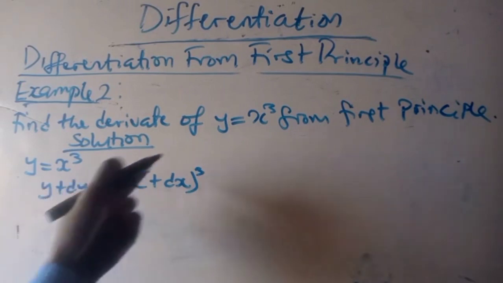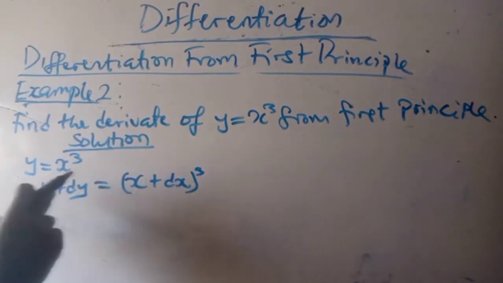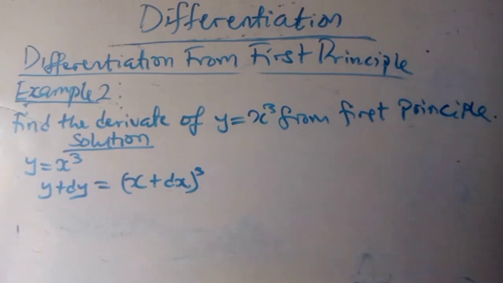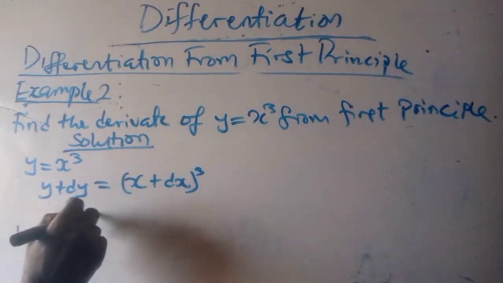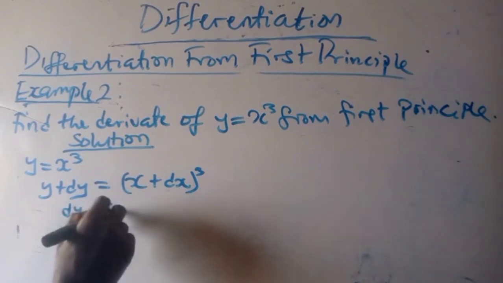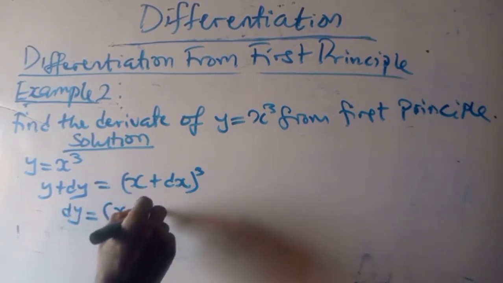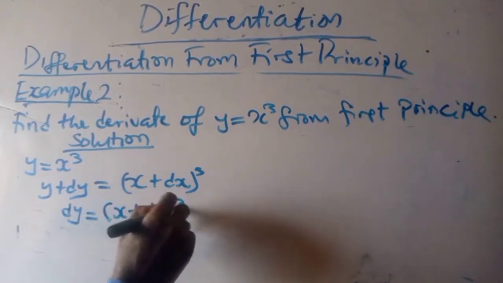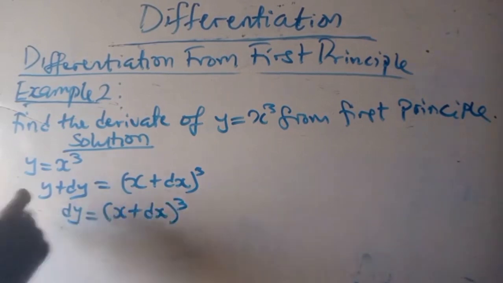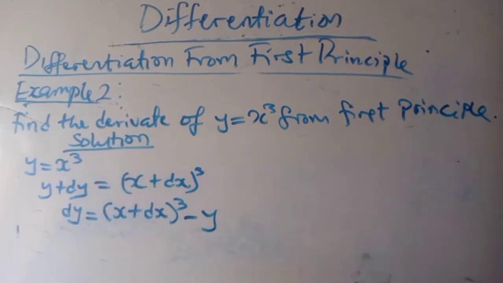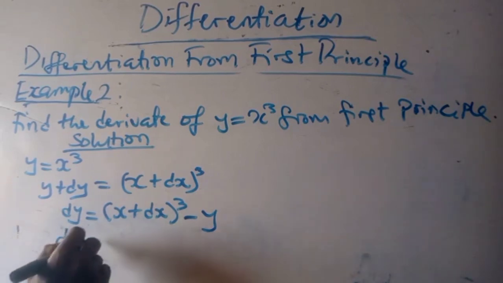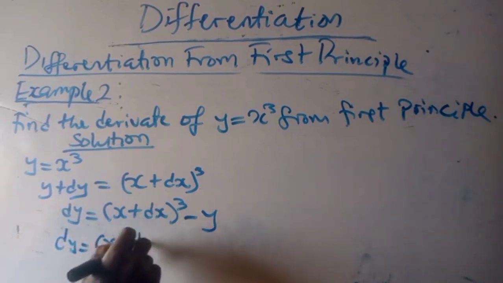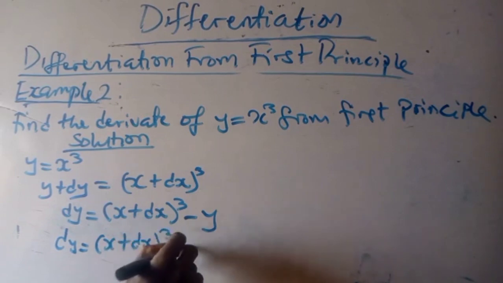As change in x affects change in y, we then have dy equals x plus dx raised to power 3 minus y.